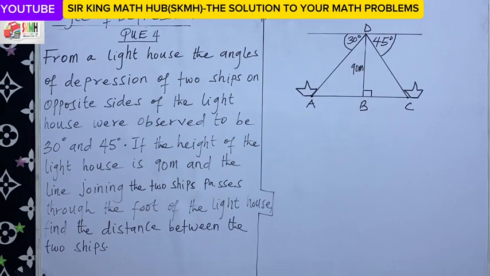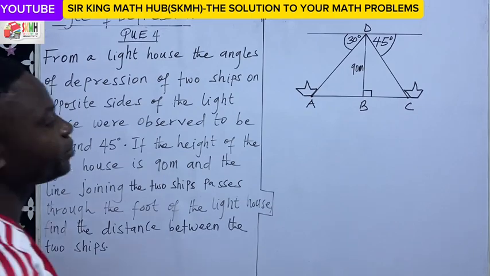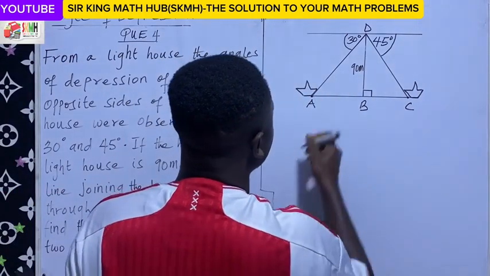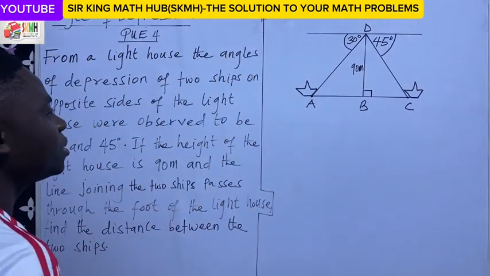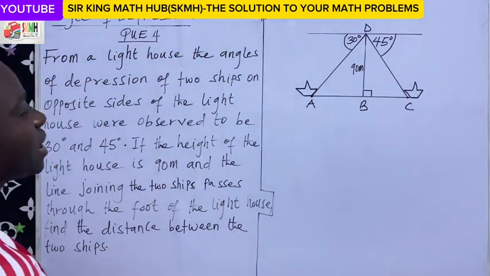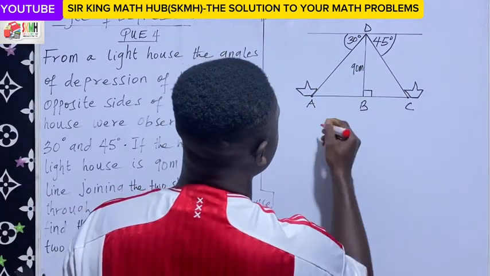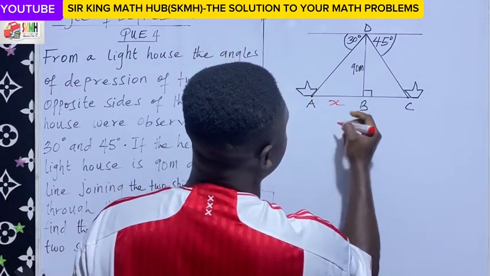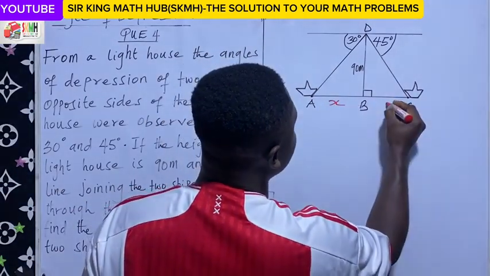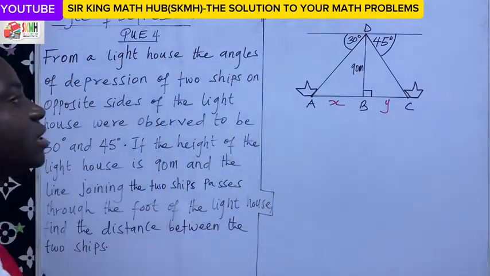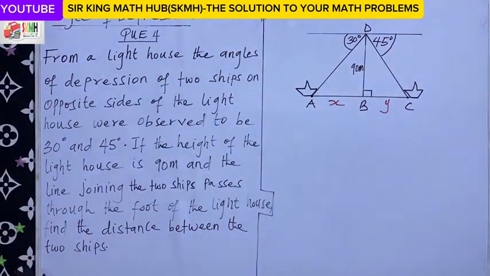So now I'm also representing the distance from A to B as X, and then the distance from B to C as Y, so that our calculation will be made easier.